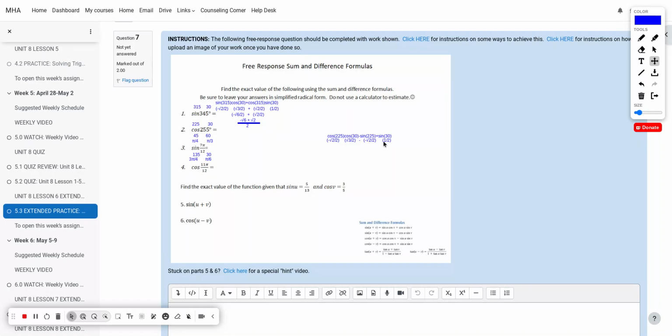Negative square root of 2. This equation is pretty much almost identical to the other one. The final result of this will be negative square root of 6 minus the negative square root of 2 over 4.